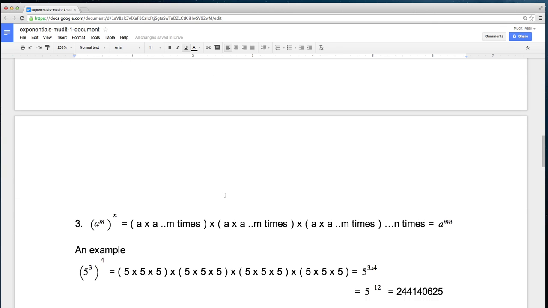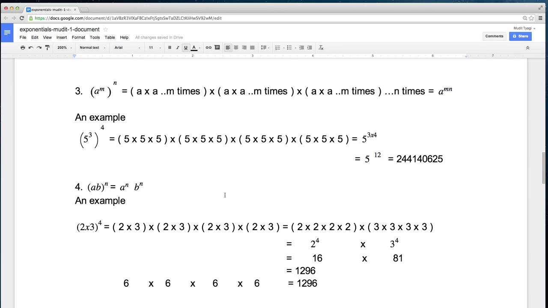Okay, so then let's go on. A few more rules here. So now what we've got is a to the power of m, and that whole thing is then raised to the power of n. But what does that mean? What that means is, if you stare inside the bracket, we have a to the m, and if you write that out, that means a times a, m times.